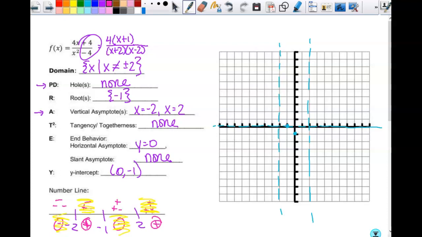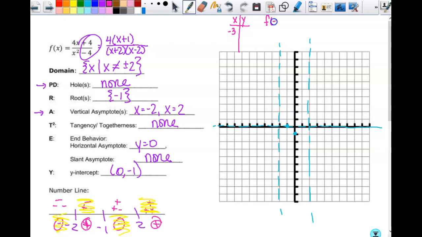And then from 2 to infinity, it's positive the whole time. Again, I know it's not crossing the asymptote because that would mean it would go negative, and I know it has to stay positive. What I do need, though, are points that I could use here. So I think I will pick negative 3.